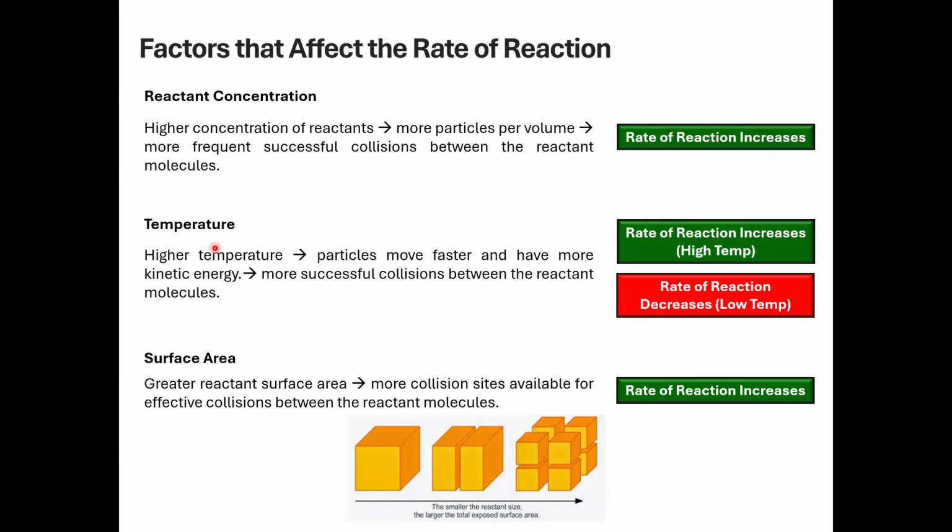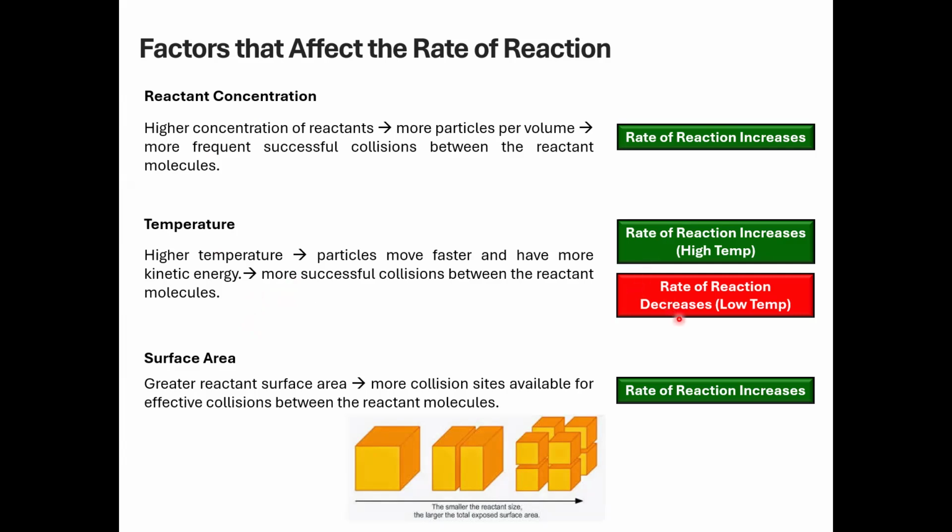If a reactant molecule is moving faster and has more kinetic energy, it's more likely to collide with other reactant molecules and form a product. So think of it this way: if you're heating it up, you're speeding up the reactant molecules themselves. They have more energy to move around and collide. So at a higher temperature, we have a higher rate of reaction.